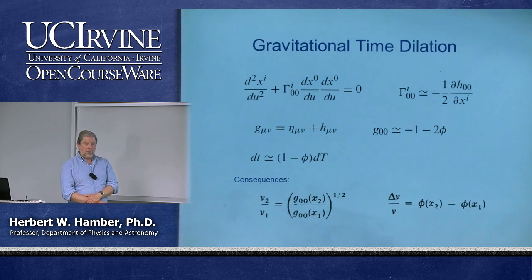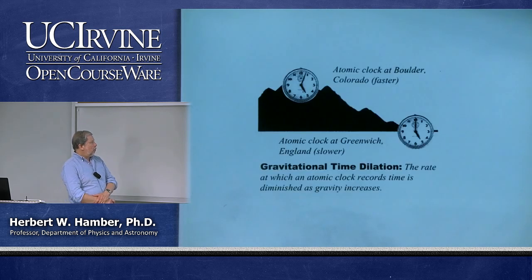For weak fields, it's just a difference in the fields, which is very easy to calculate and work with, right? So an effect that leads to a very simple formula in the end. And so that means that if you have a clock which is high up in a gravitational field, it will run a little bit faster than a clock which is down on the surface of the Earth, right?